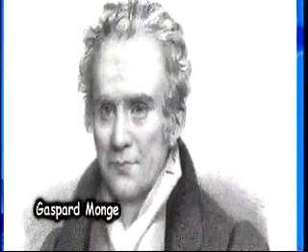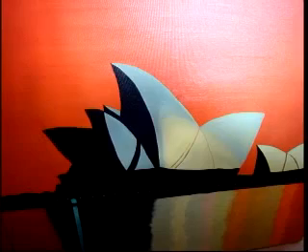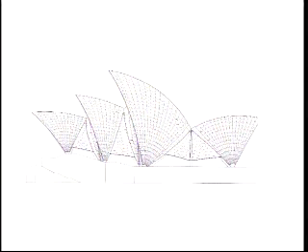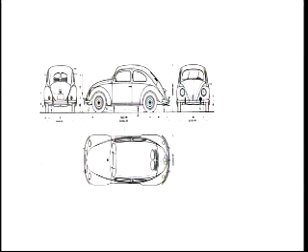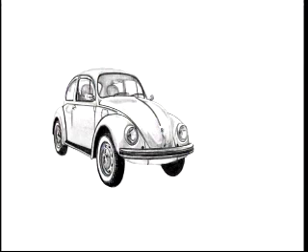Then, we classified drawing as artistic and technical, while technical drawing is classified as architectural and engineering drawing according to its application. Based on the graphical representation, there are two-dimensional and three-dimensional drawings.